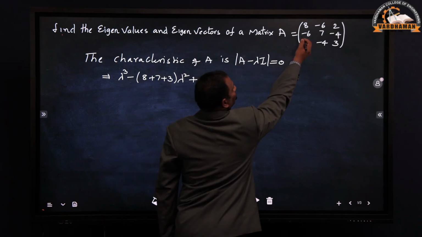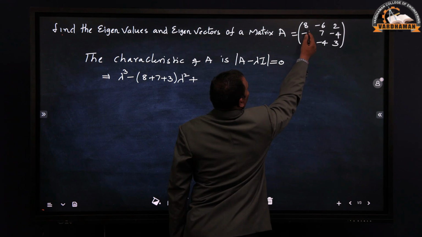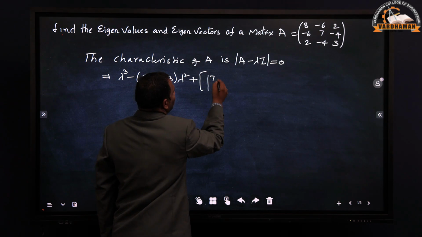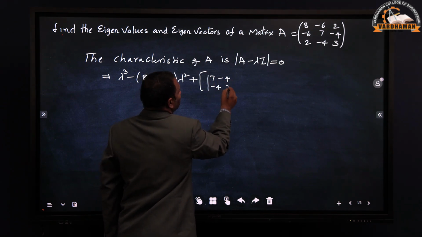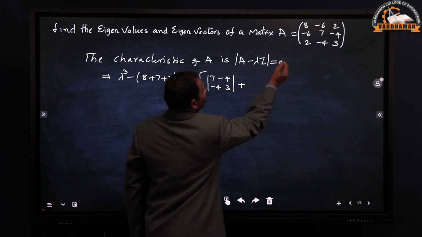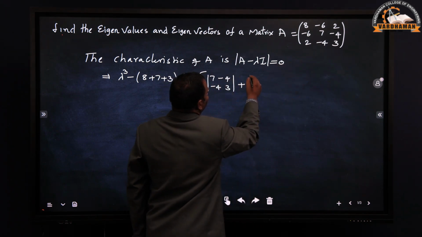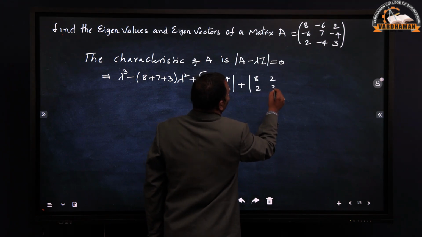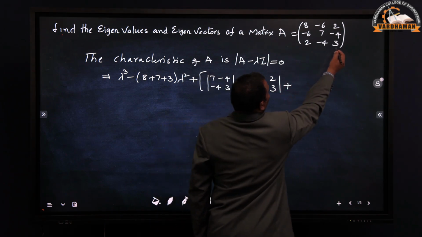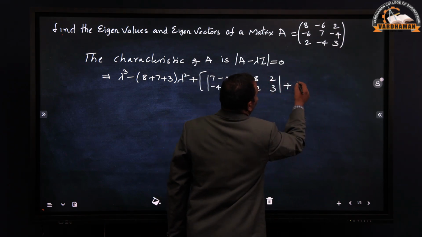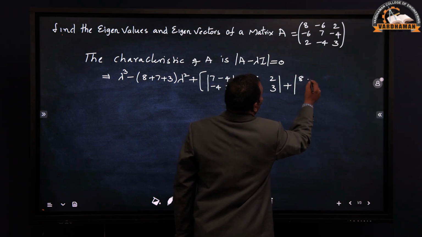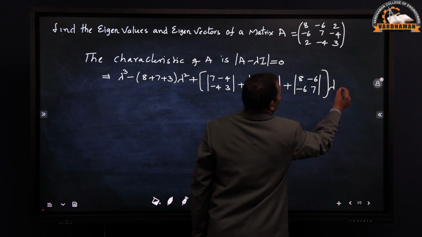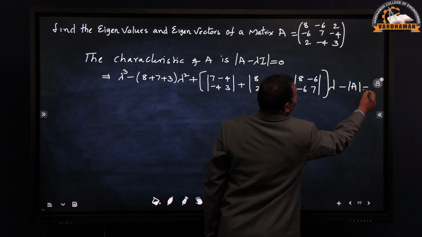Consider the first principal diagonal element 8, neglect its column and row, so we get the det of 7, minus 4, minus 4, 3. This is the minor. Plus the second principal diagonal element, neglect its row and column, so we get 8, 2, 2, 3. Plus the last diagonal element, neglect its row and column, so we get 8, minus 6, minus 6, 7, times lambda, minus det A equals 0.